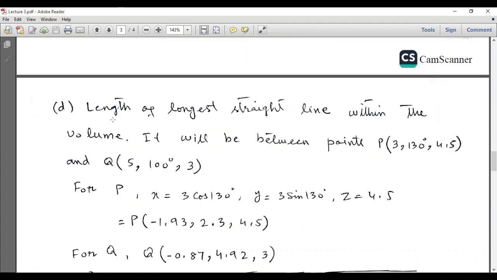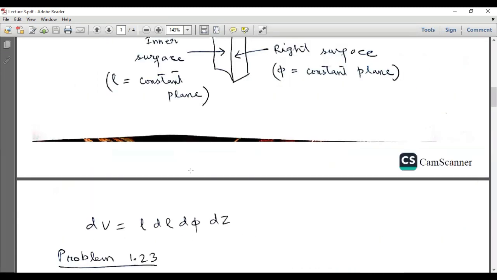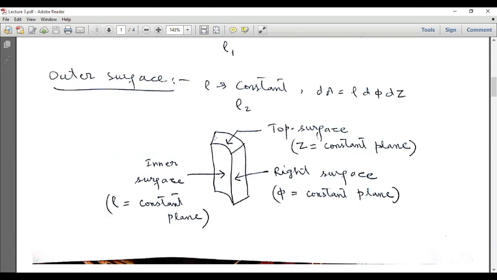Finally, we will have to calculate the length of the longest straight line within the volume, and it will be between points P(3, 130, 4.5) and Q(5, 100, 3). So the longest straight line will be the line from either this point to this point, right?